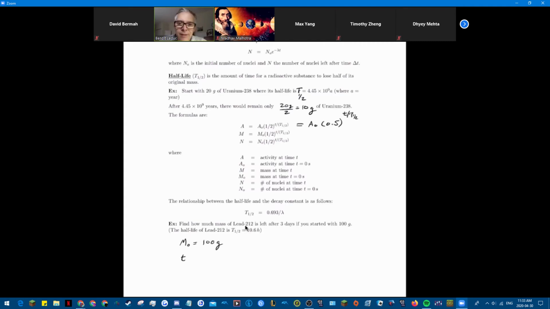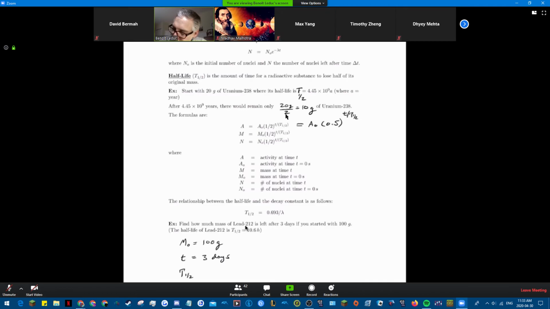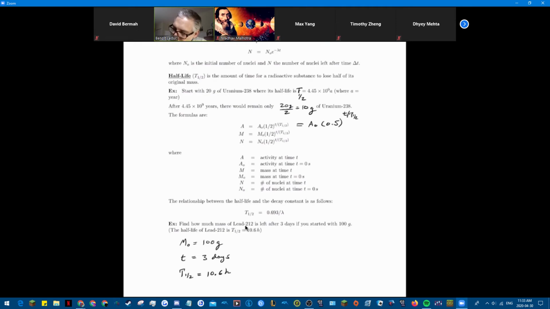Well, sure, in this case you can put a big M if you like. The time, I should put delta t here, is three days. The half-life is 10.6 hours. And what you're looking for is this.